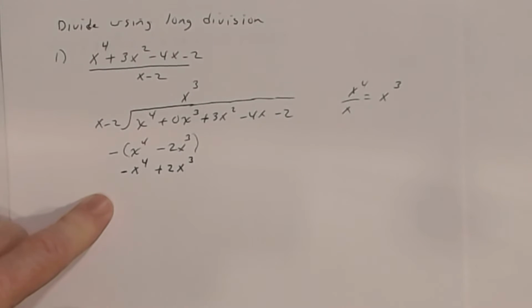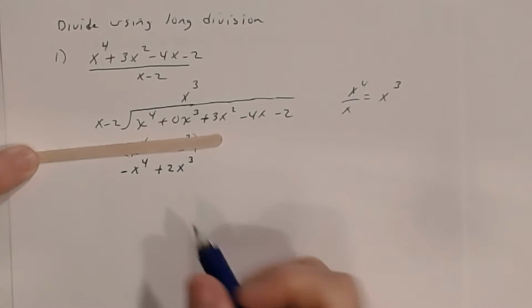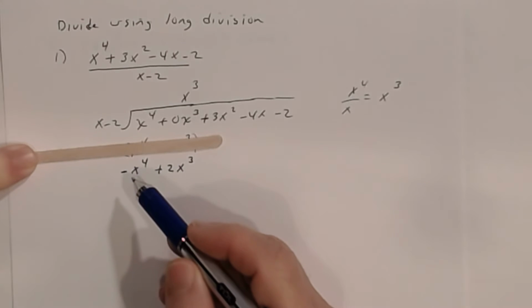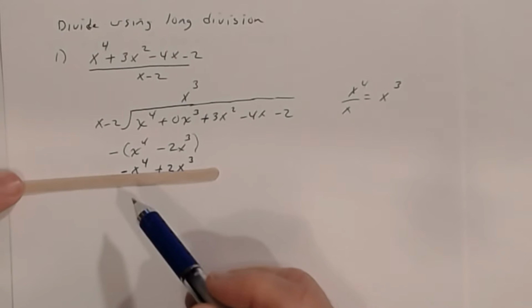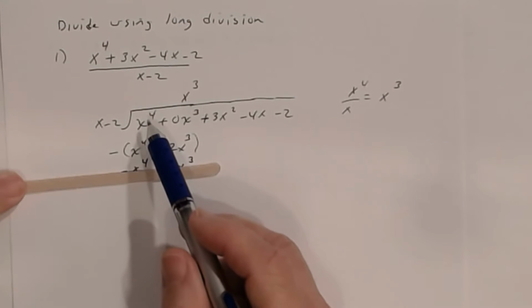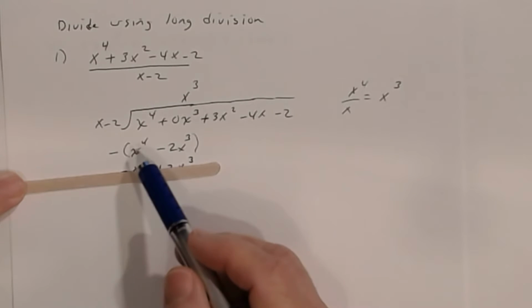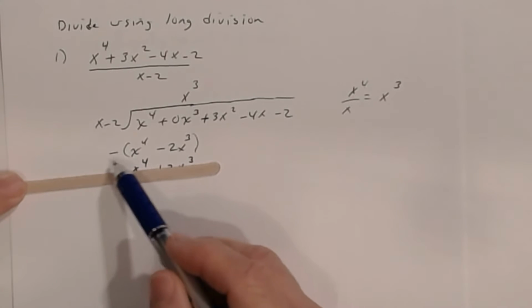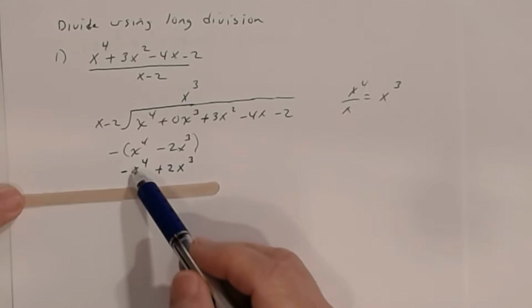Then you're going to take this out of your mind now, and just add these two terms. Remember, when I subtracted x to the fourth and then 0x cubed minus a negative 2x cubed, subtraction is the same thing as adding the opposite. So that's what you see here.